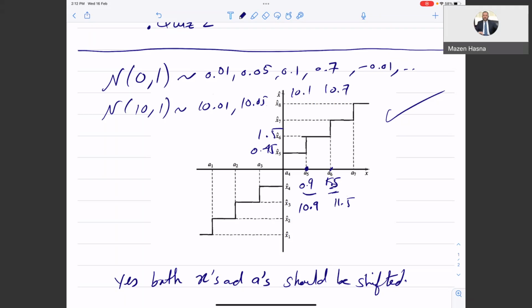How will it look? The x-axis starts from 10. For the y, you can have a different scale on x and on y. So this will be 10.45, and this will be 10 minus 0.45, which is 9 point something.